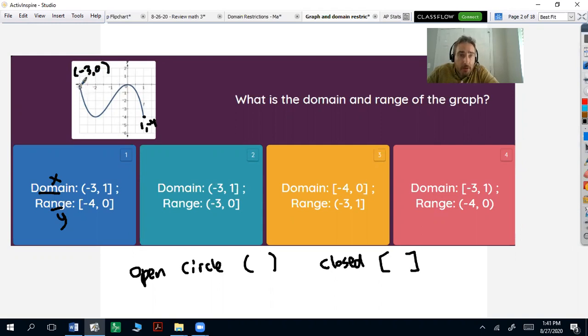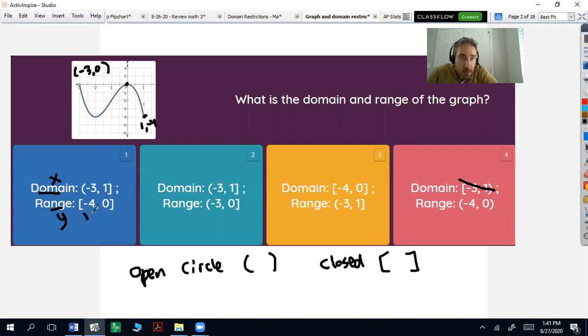The domain is going to go from -3 to 1, with an open circle at -3 and a bracket at 1. Now, the range goes from -4 all the way to 0. And notice that this point hits 0, so it's not open there. So they're both going to be enclosed in brackets.